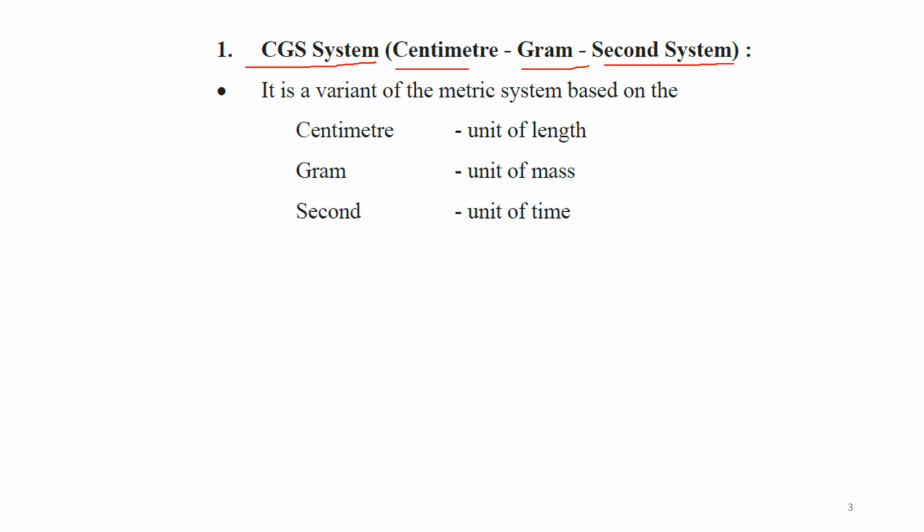Most of the time we measure length in meters, but it's not always in meters; it can be in centimeters. So the first system is the CGS system. It is a variant of the metric system based on the centimeter, which is the unit of length, you know that. Gram, which is the unit of mass. Second is the unit of time.